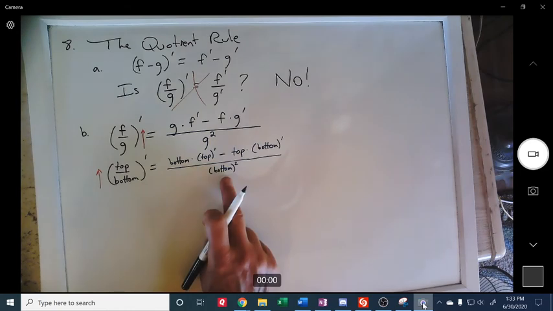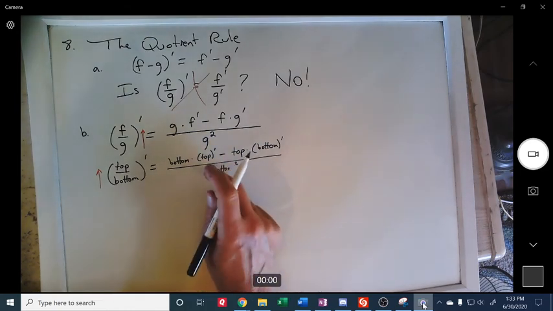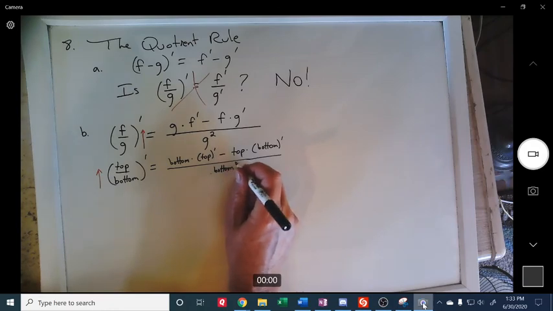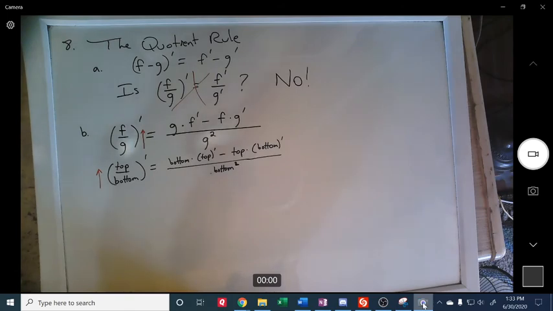The bottom doesn't get the derivative. Maybe I should take the parentheses off. There's no derivative on the bottom. You just square it. And so we won't get into why this works until a fair amount later. Let's just show how to use it and that it works.